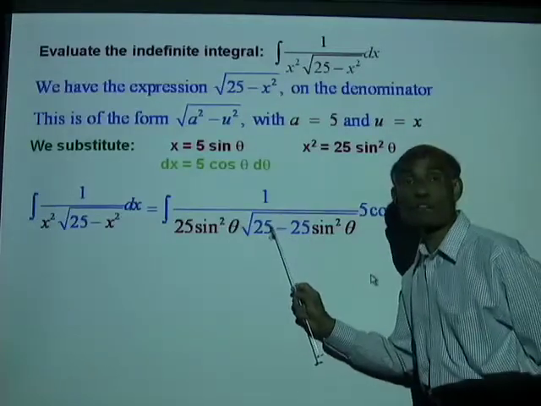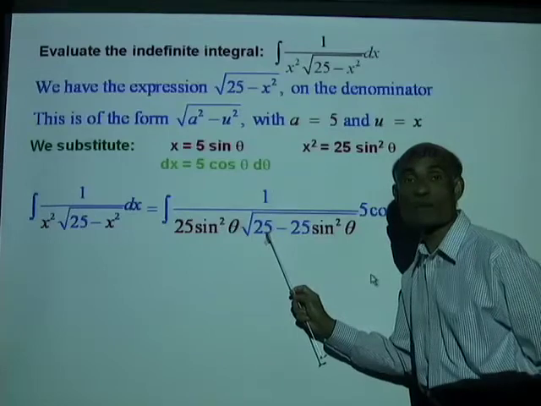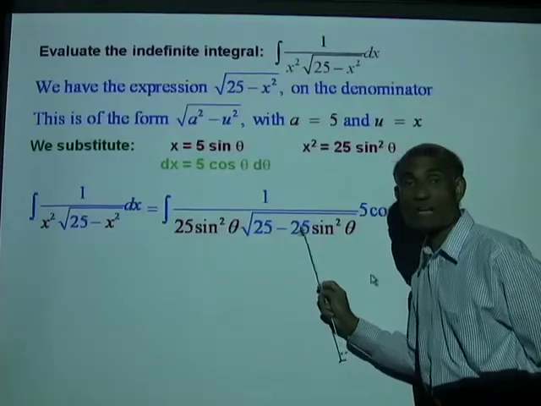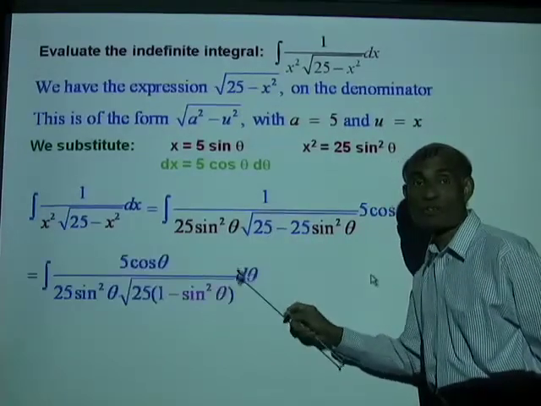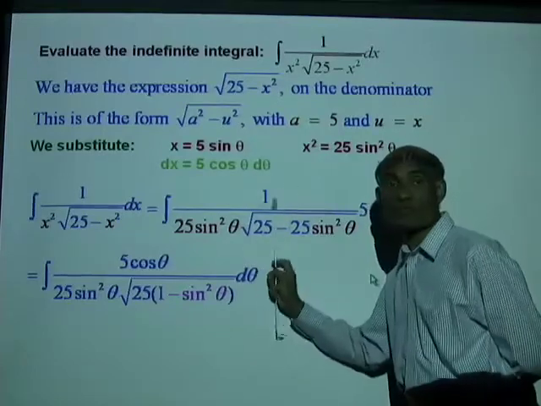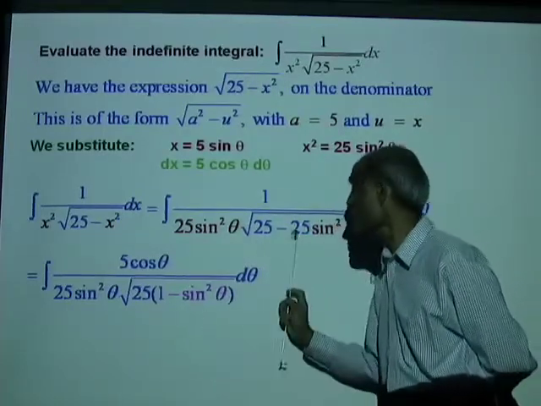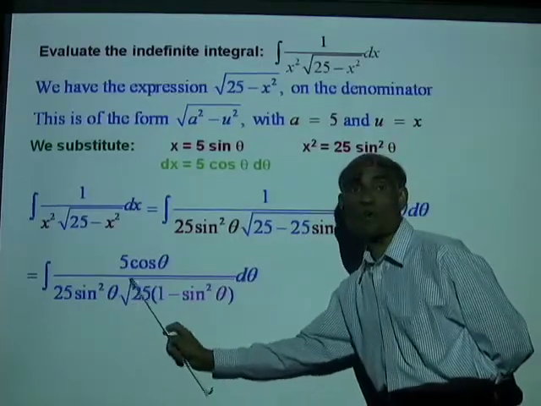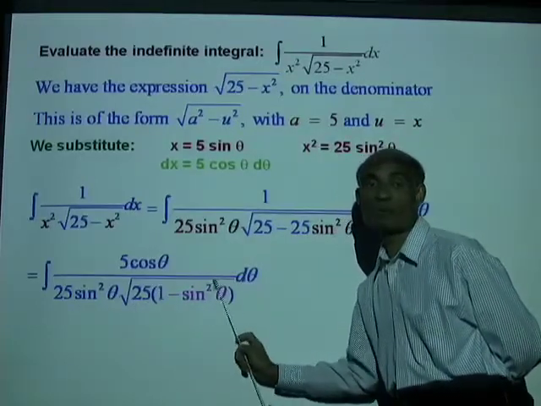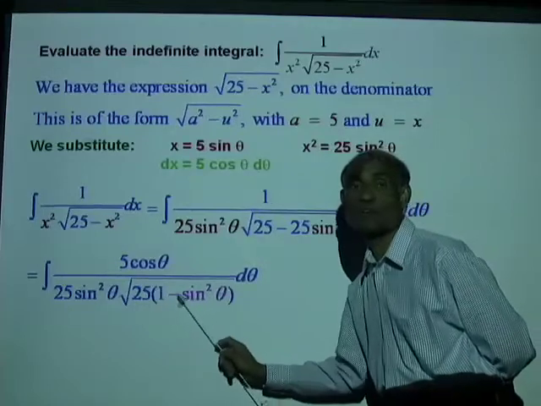We first start by simplifying inside the radical sign. We factor out a 25, everything else remains the same. That will be square root 25 times 1 minus sine squared theta.